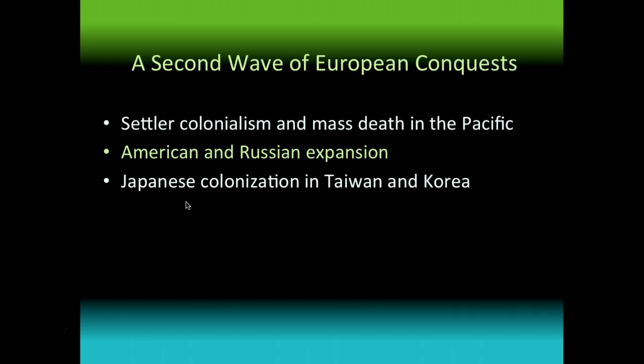And then, sadly, even though they claimed that Asians should be led by Asians, they engaged in a style of colonialism that was very similar to European examples, and many times was so extremely brutal that the Taiwanese and Korean people wished that the Europeans were the ones to have colonized them.